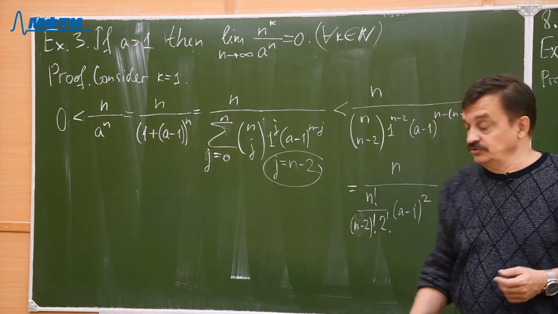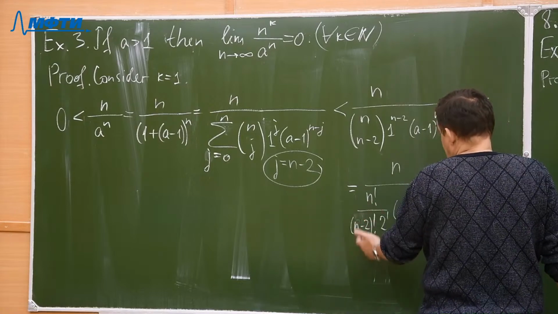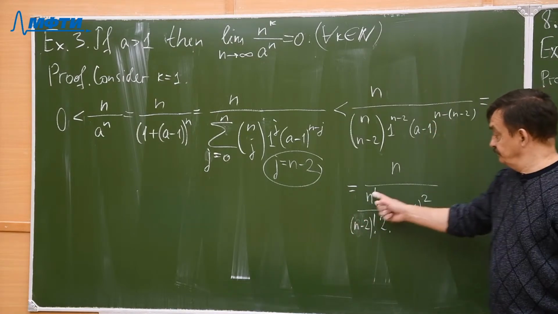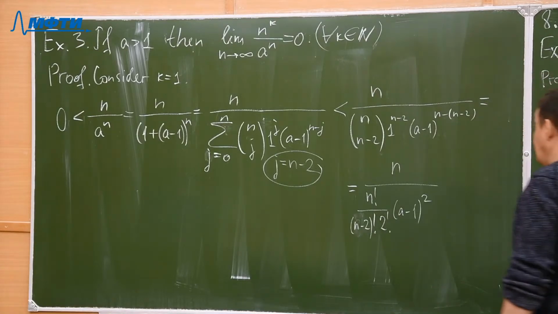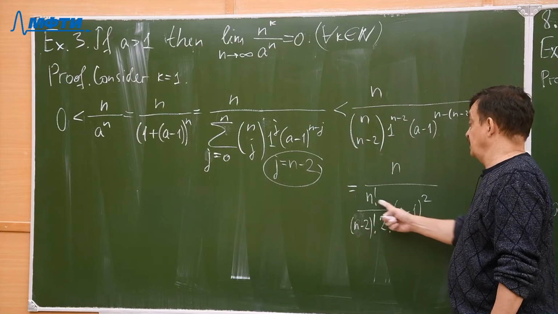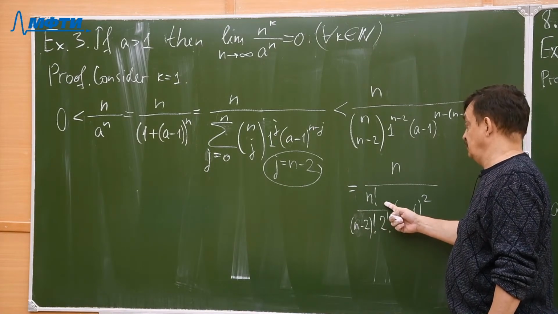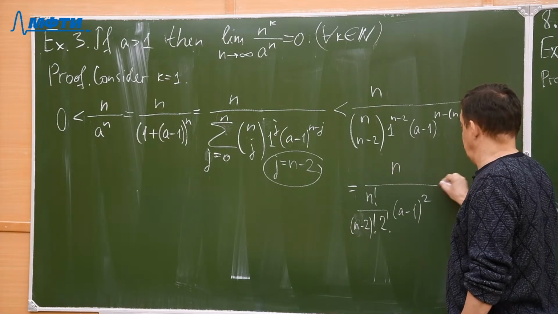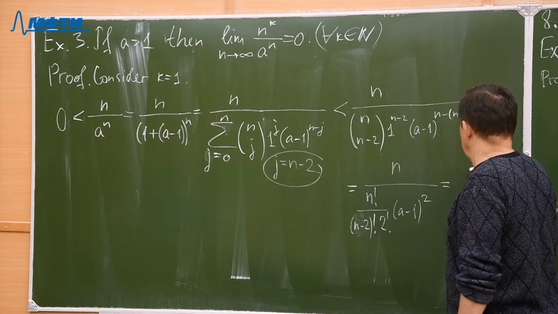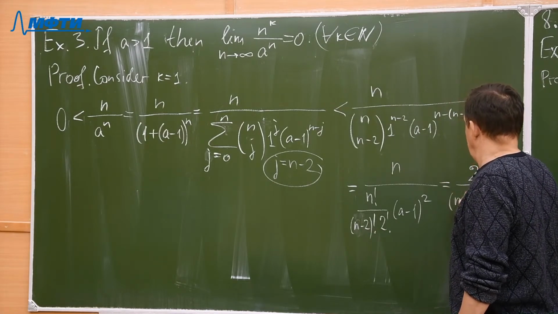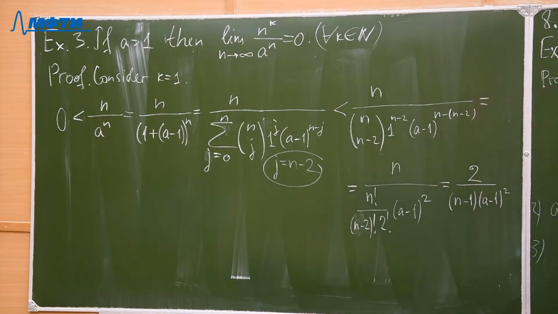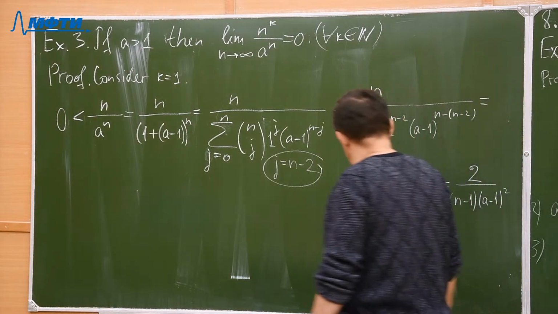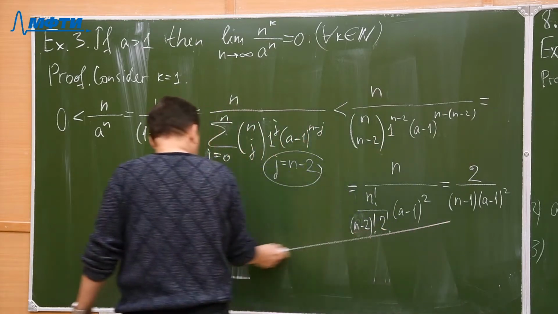So two numbers remain not cancelled after cancelling common multipliers in both factorials. So we have n times n minus 1 only, cancel with n, and we have 2 over n minus 1, a minus 1 squared. And as n goes to infinity, this tends to 0.